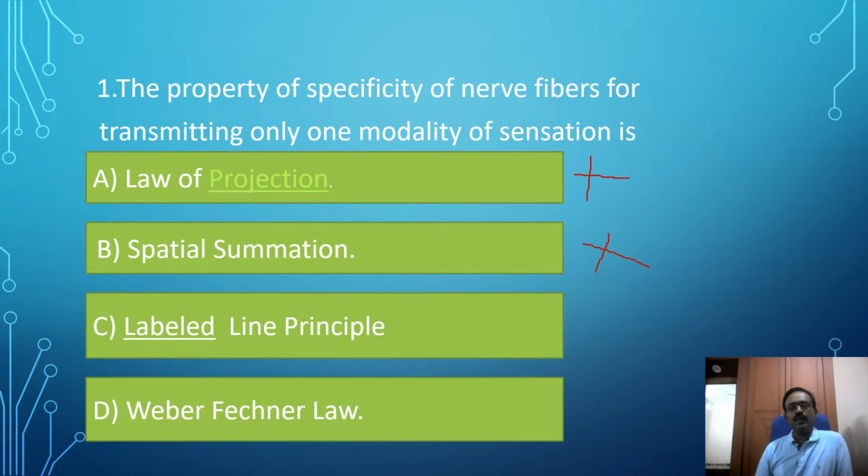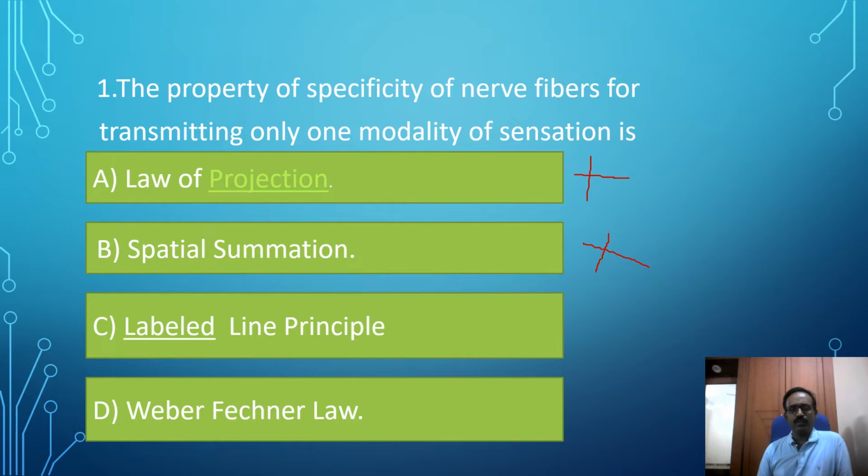Third, labeled line principle. So a sensory neuron devoted to carry the particular sensory modality of sensation. So this is a little bit correct answer.